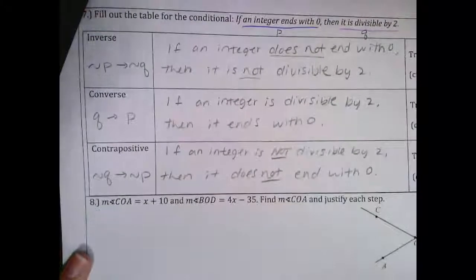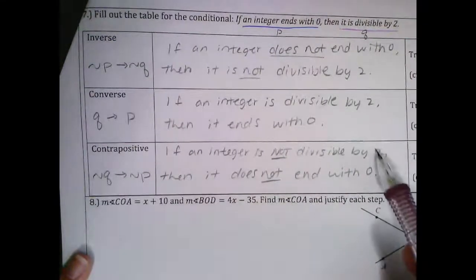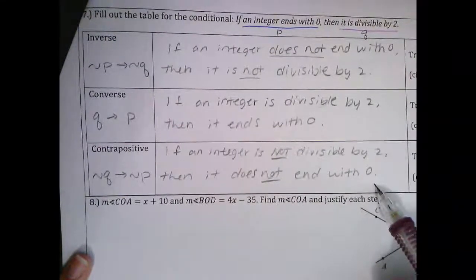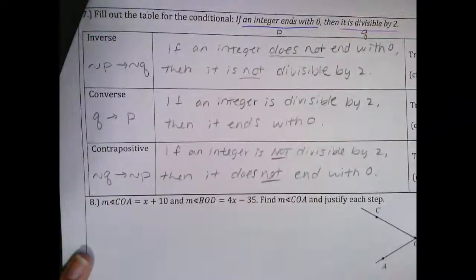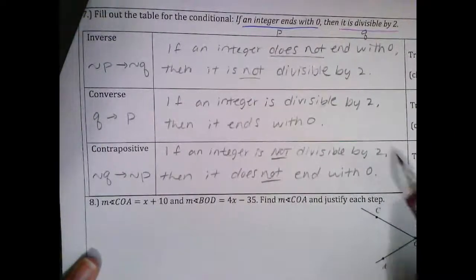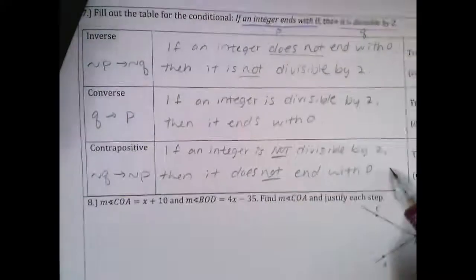So remember those nots are in there because we're negating them, and we switched the conclusion, pink, with the hypothesis, blue. Okay, so if it's not divisible by 2, then it's not going to end in 0.